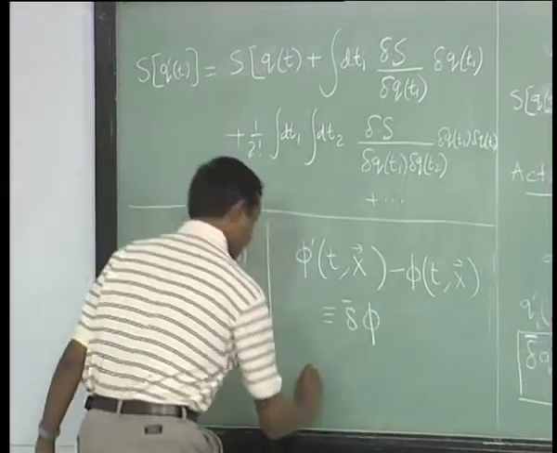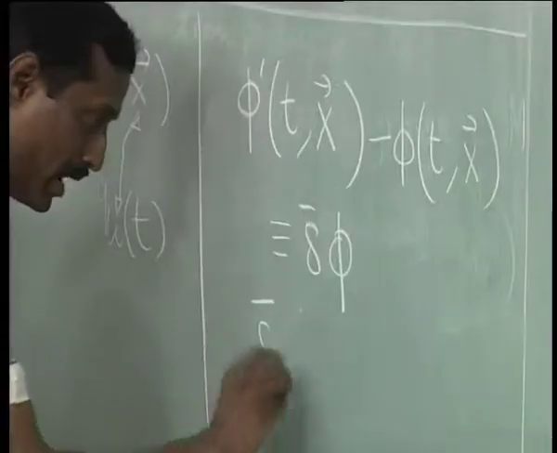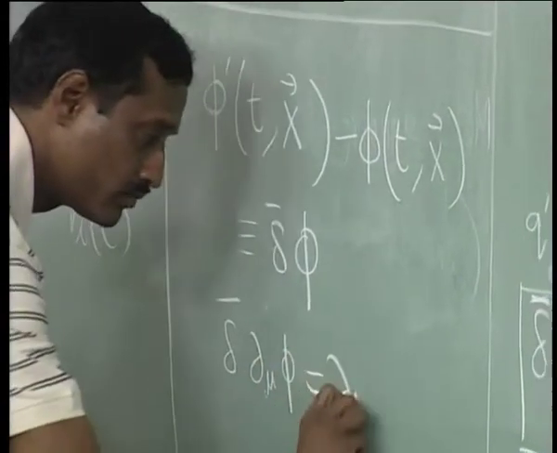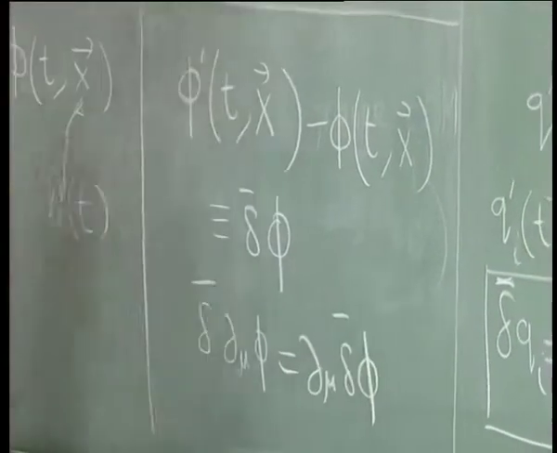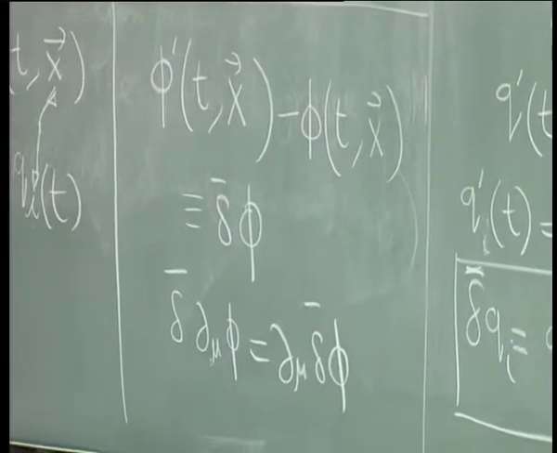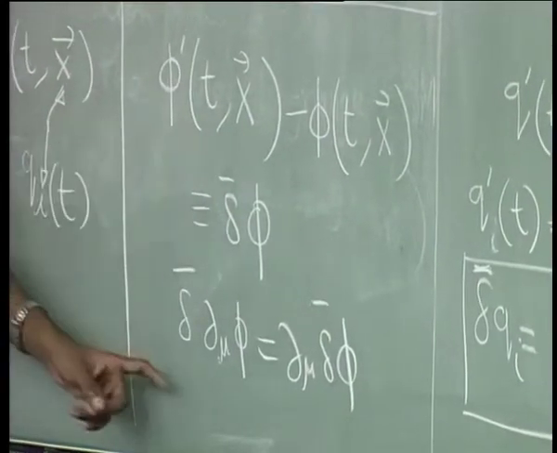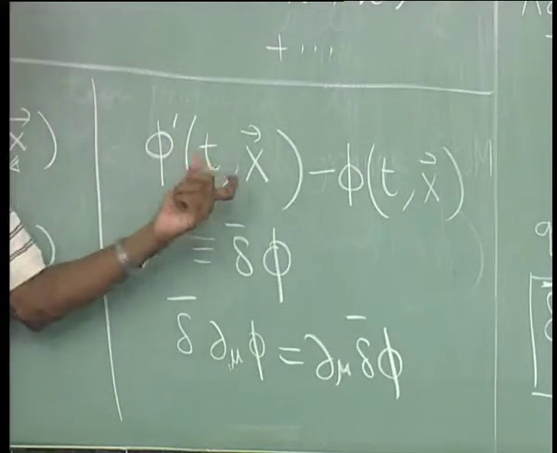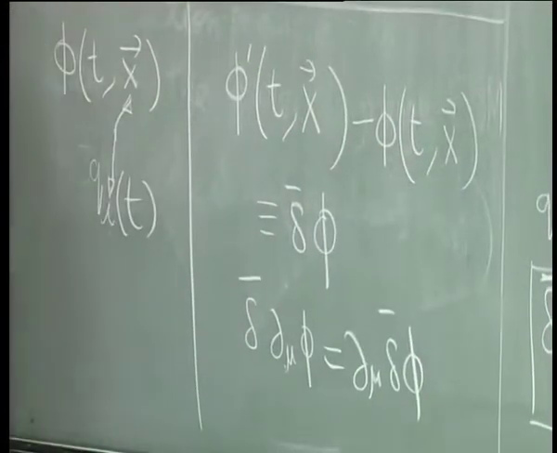So you can convince yourself that delta bar of d_mu of phi equals this. This statement does not need anything beyond these two lines; it does not refer to anything, because we are comparing things of the same argument.